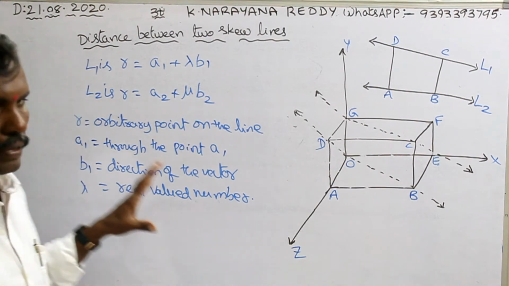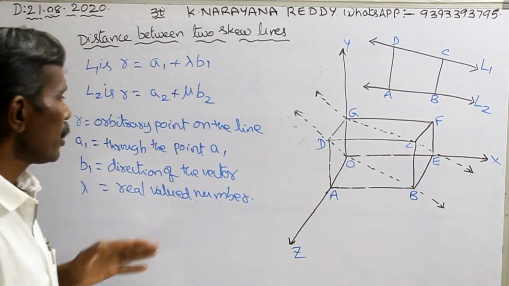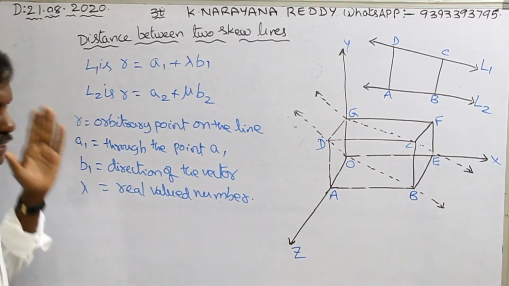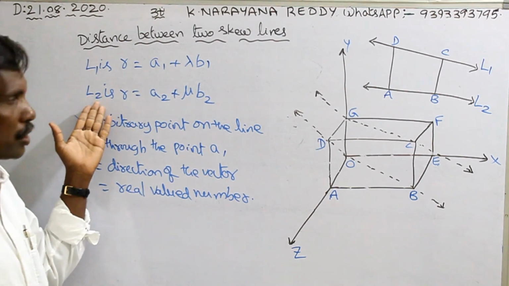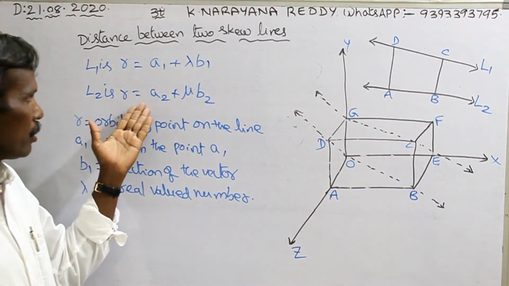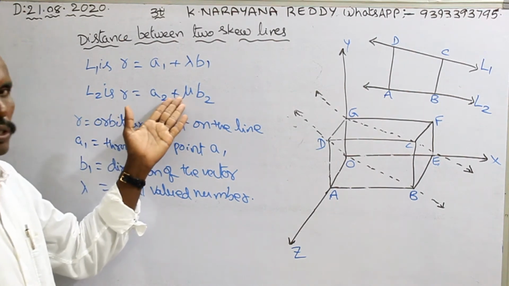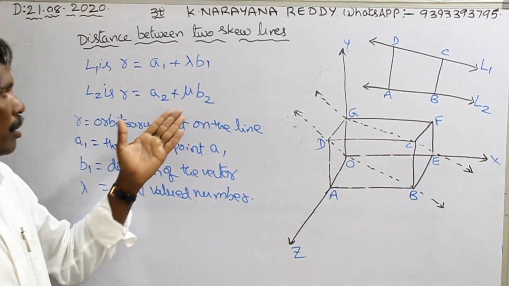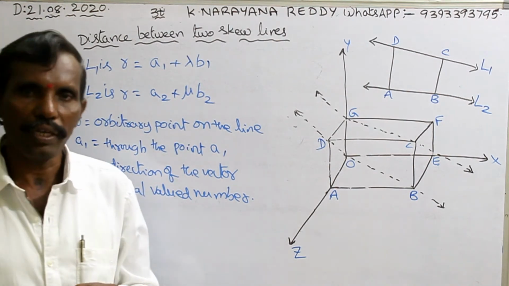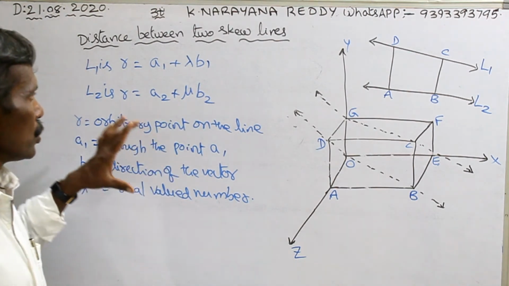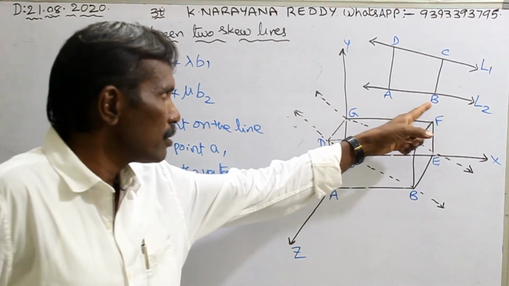These are the 4 parameters in this equation. Okay. Now, in the same manner, here also for L2, r is an arbitrary point on the line, a2 is the position vector to the point A2, and mu is a real valued number, and b2 is the direction of the vector. Okay.